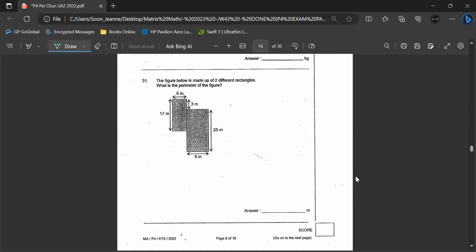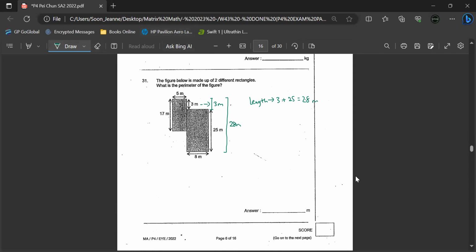From the top to the bottom is the length of the figure. Over here, I can push this out. This is 3 meters, so that I can find the whole length. The length would be 3 plus 25, 28 meters. So I know the length of the whole figure is 28 meters.